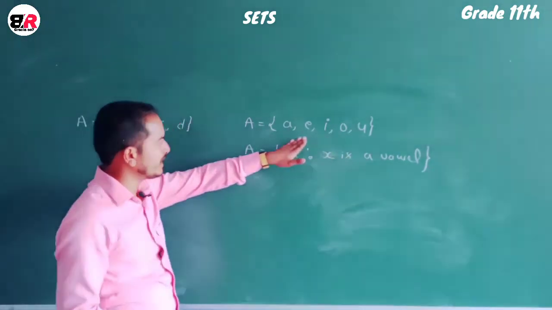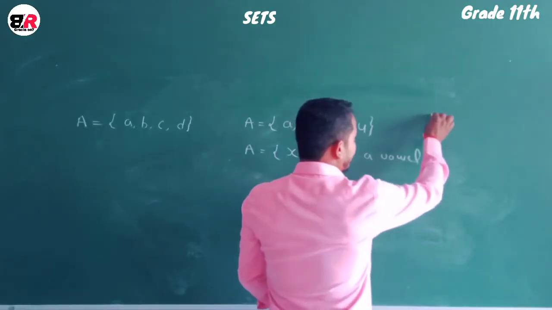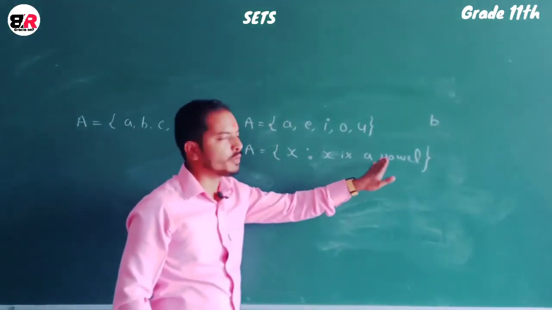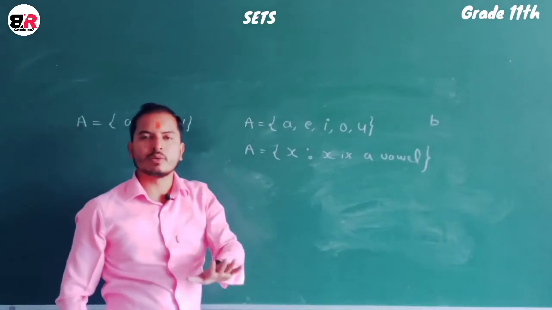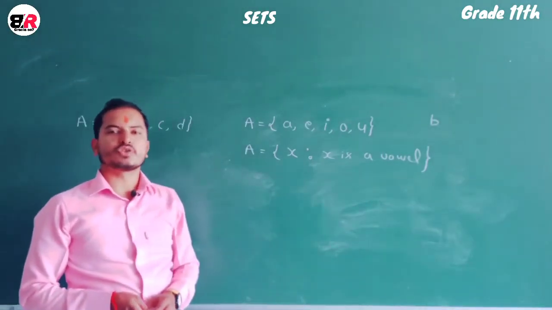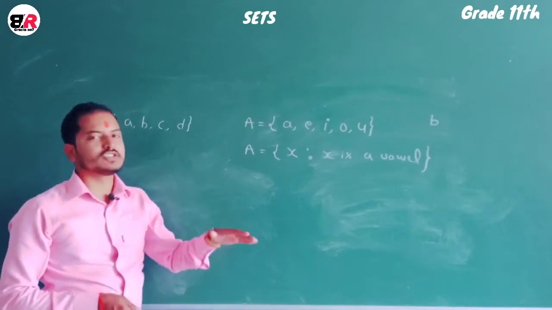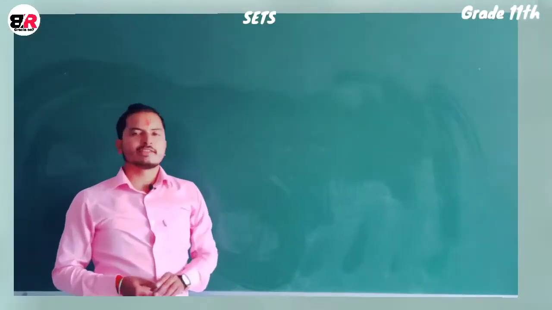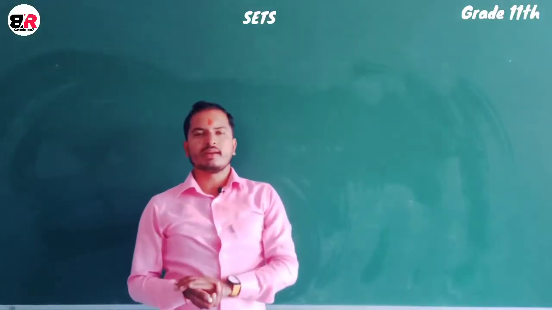If I take any element outside of this set, if I take B, then we cannot make the definition such that B is a vowel of English alphabet, but B is not a vowel of English alphabet. So in set builder form, each element possesses a single common property that is not possessed by any element outside of the set.